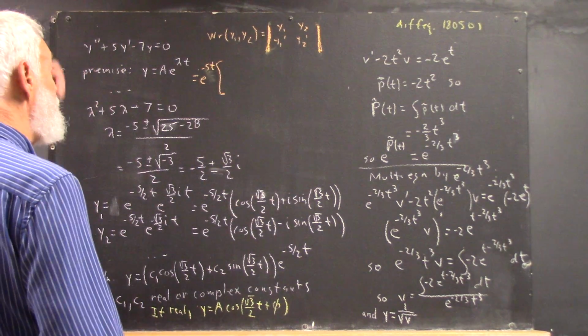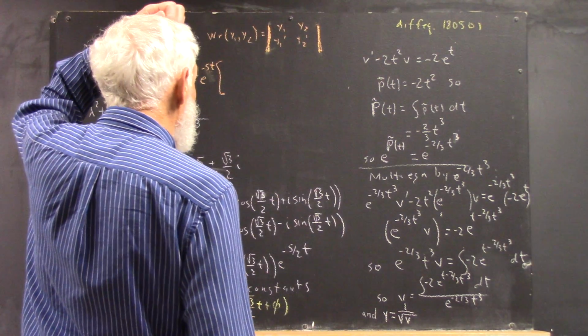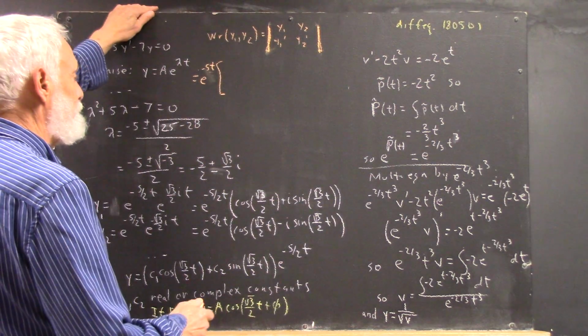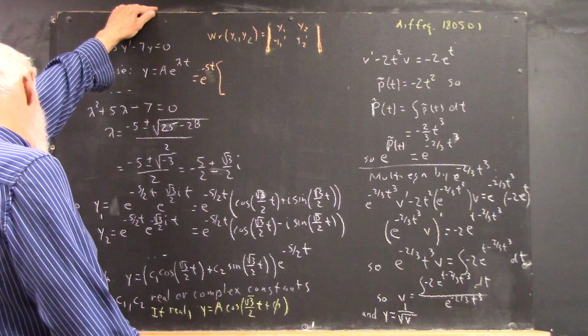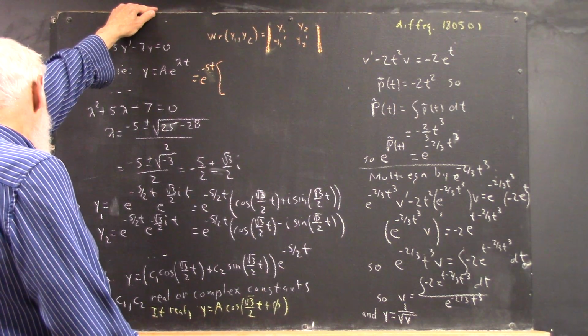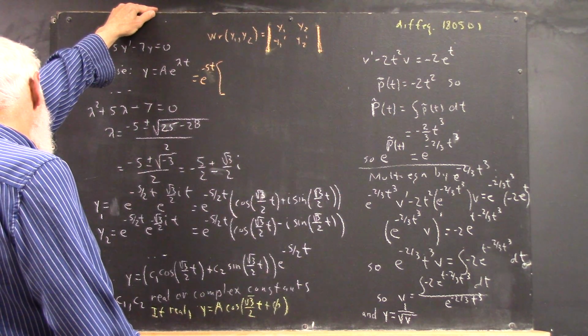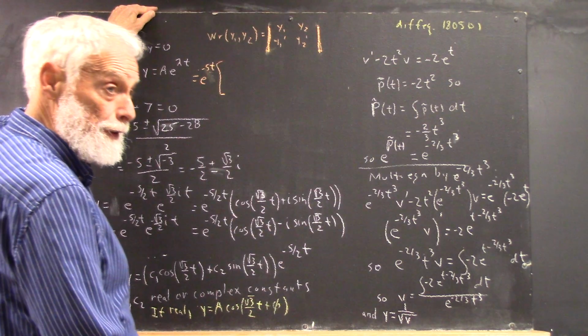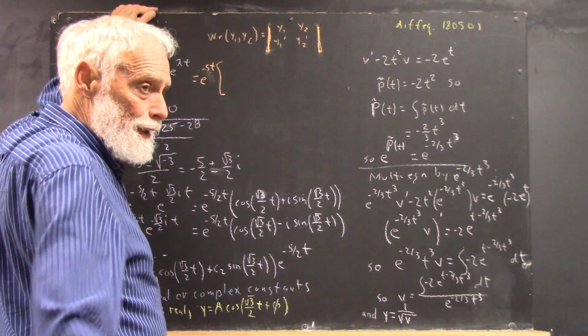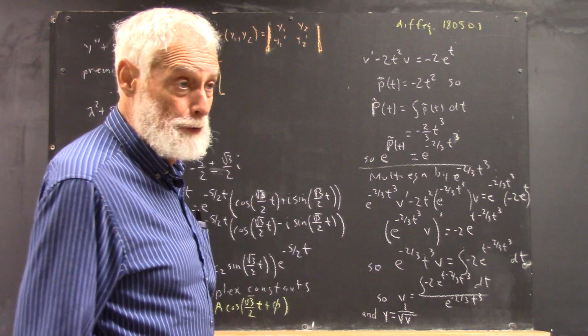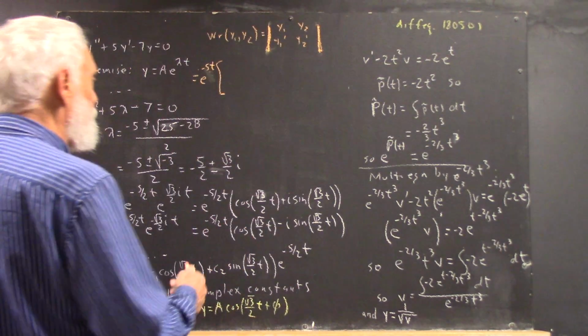Okay, so we got e to the negative 5t. Then it's going to be times. And I'm not going to write down square root of 3 over 2t every time. I'm going to write down omega t. Okay. And then when we get done, we know that omega is square root of 3 over 2, right? And we're comfortable at that point.